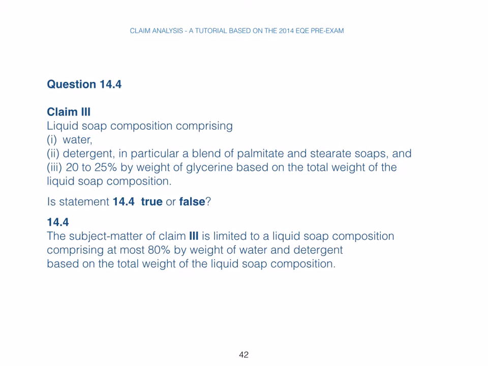This is a similar or complementary question to 14.1. As there is 20 to 25% by weight of glycerine, there must be 75 to 80%, i.e. at most 80% of other components. But the question is, what is the maximum content of water and detergent? So you have to answer true or false, and we will go to the next question.